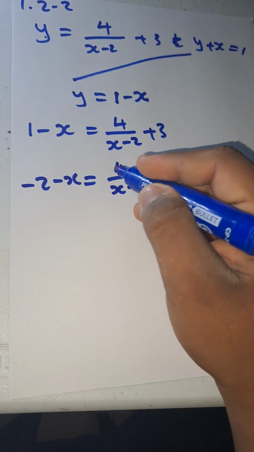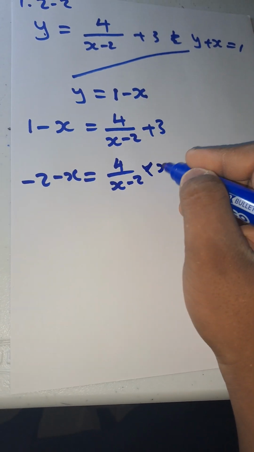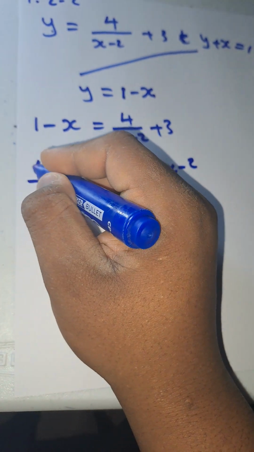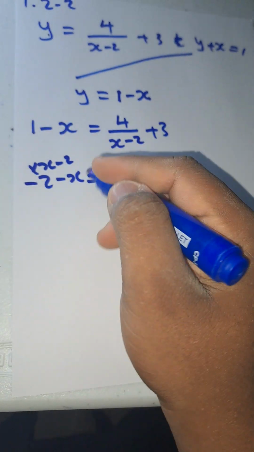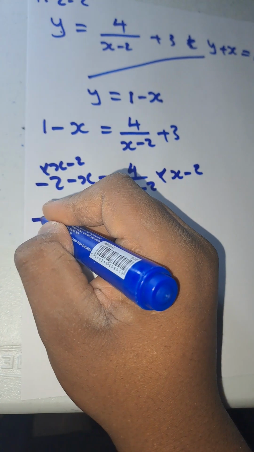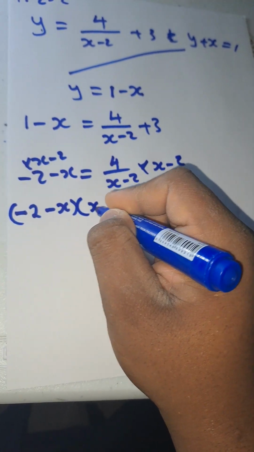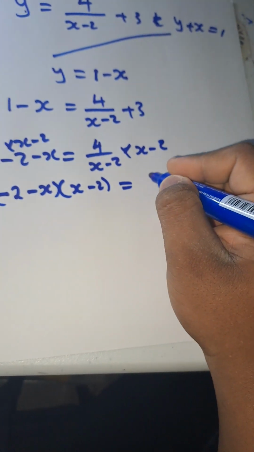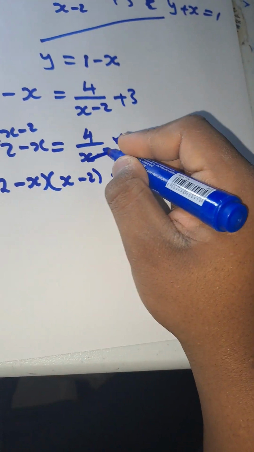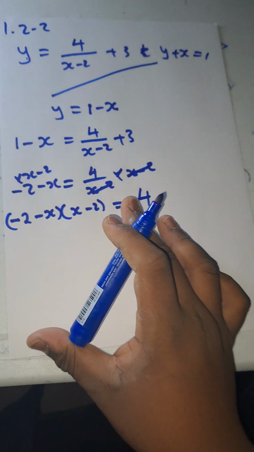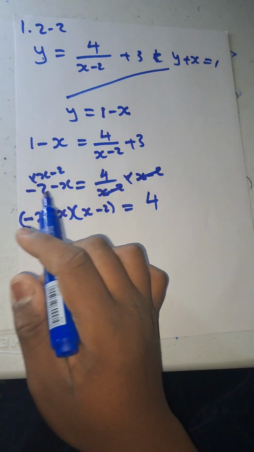And then I can multiply everything by the denominator. So this side will be minus 2 minus x times x minus 2 is equals to 4, because that one will cancel the denominator. Right? Now let me multiply here.